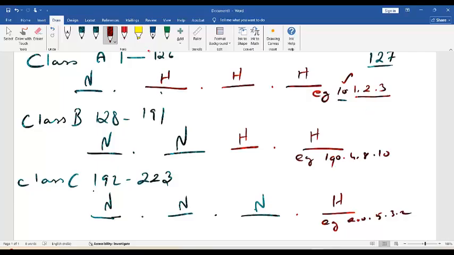The device with 10.1.2.3, 1.2.3 is the device ID, host ID, interface ID of the network 10. Inside the 10 network, you may have many computers. 10.1.2.4 is another computer's ID. In the 10 network, 1.2.3 is one computer's ID, 1.2.4 is another computer's ID.